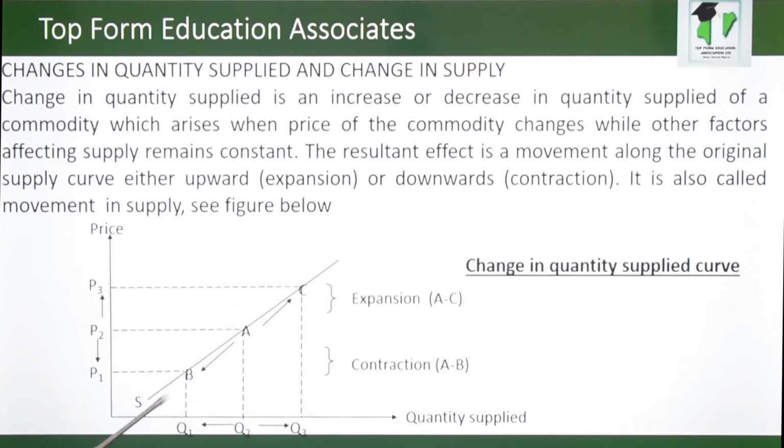There's a movement along this same supply curve from B to A and from A to C. A movement from A to B depicts an increase in price from P2 to P3, which will elicit an increase in quantity supplied from Q2 to Q3. But if the price decreases from P2 to P1, quantity supplied will decrease from Q2 to Q1. That is what we call change in quantity supplied.